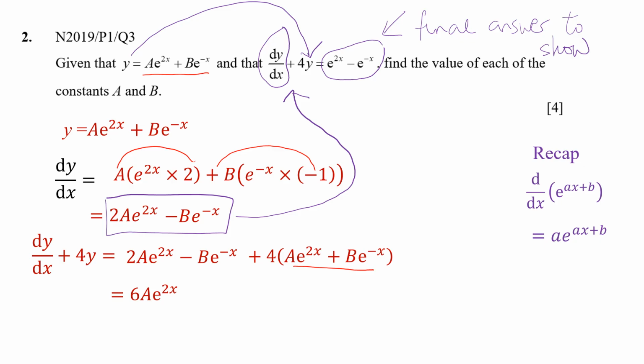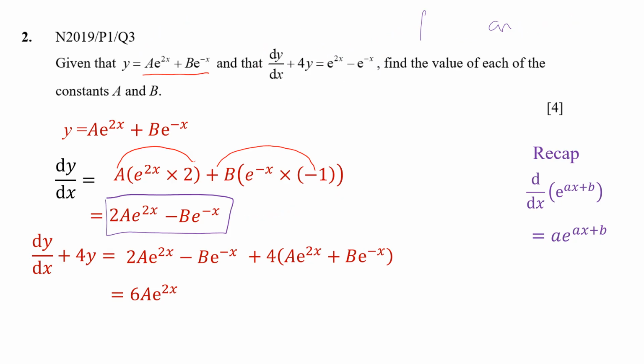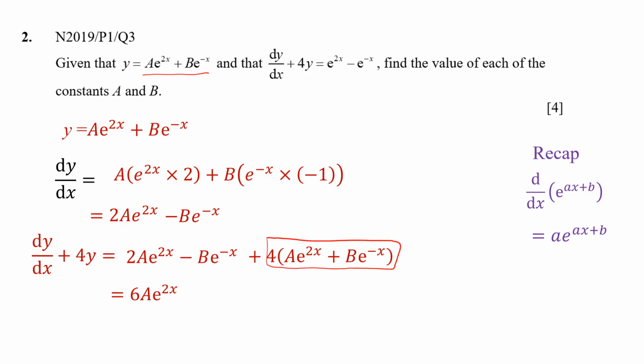How do I get 6a e to the power of 2x? Right, so I'm going to erase this, because it looks very messy with so many things on the screen. I like to keep it neat. All right, so if you simplify this, you will have 4a e to the power of 2x plus 4b e to the power of negative x, right?